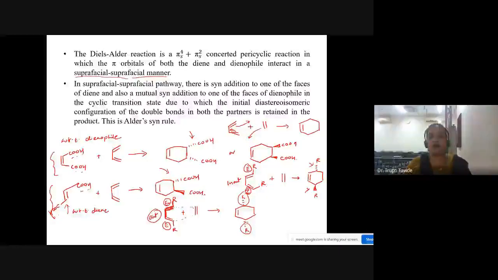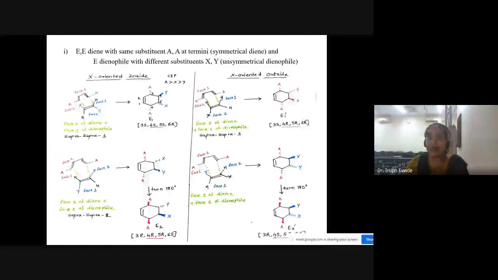If the dienophile is attacking from the bottom, that is away from the plane, then the substituents which are attached to the diene will also be away from the plane. So if you remember these few points, it will be easy for you to predict the product of the next few reactions.